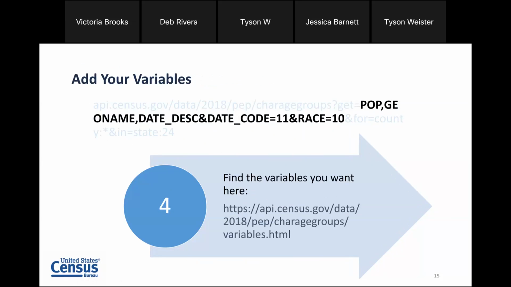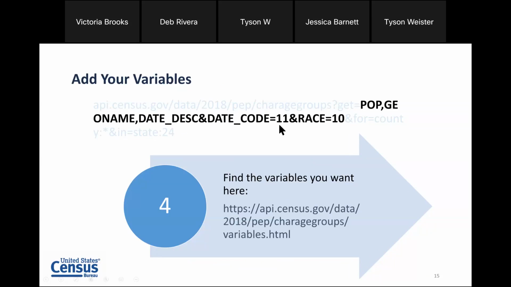The fourth step here, I have some variables listed out. Pop is for population total. GeoName gives me the geography label associated with the geographies that I'm getting data for. Date_description and date_code equals 11.